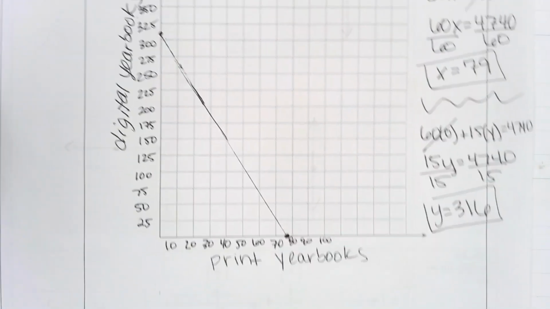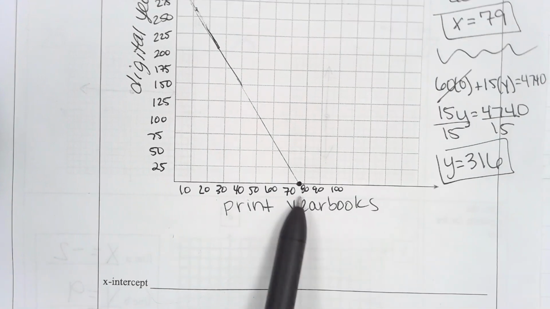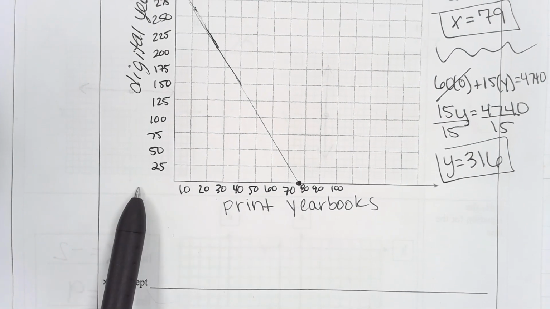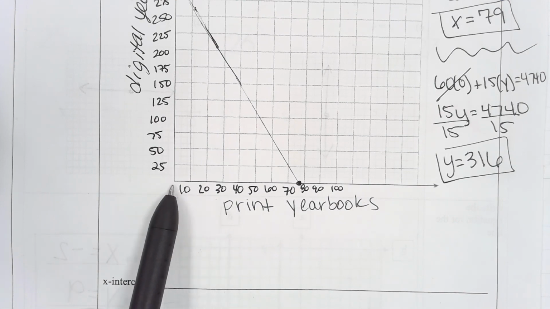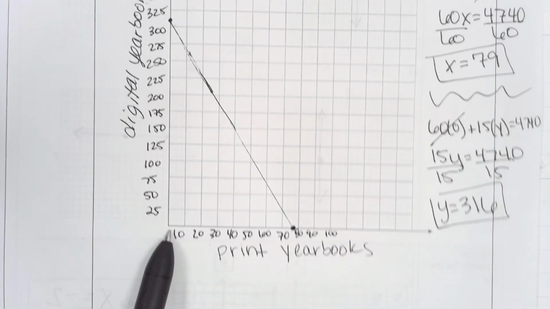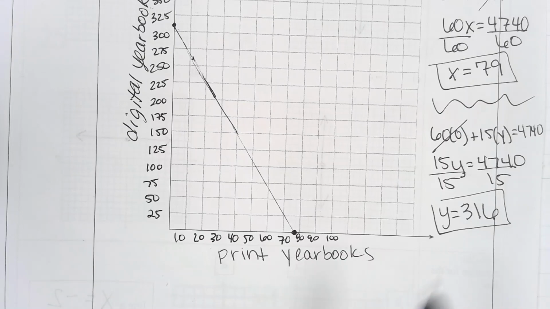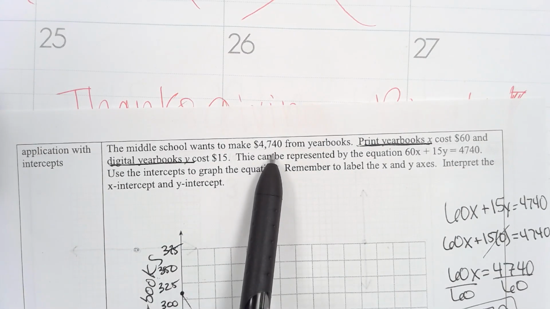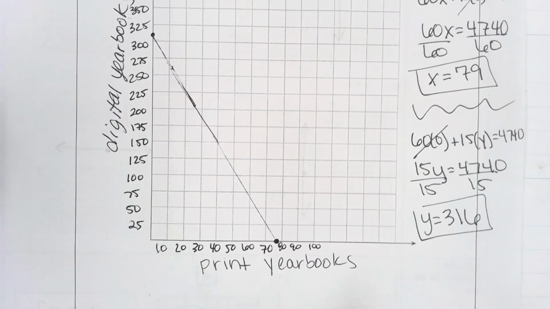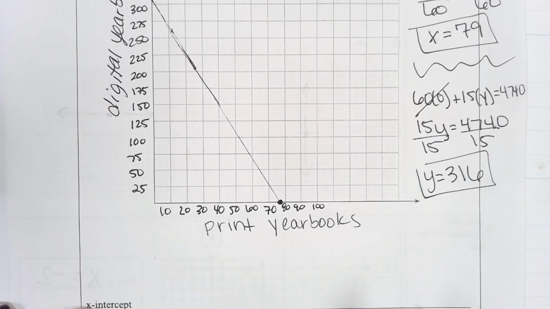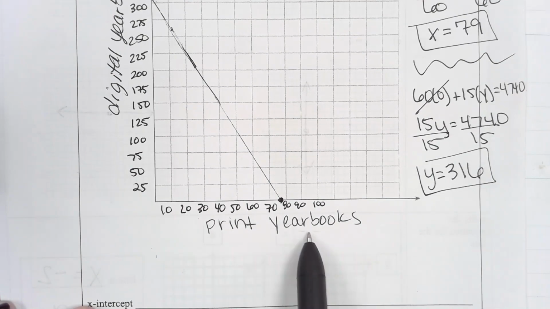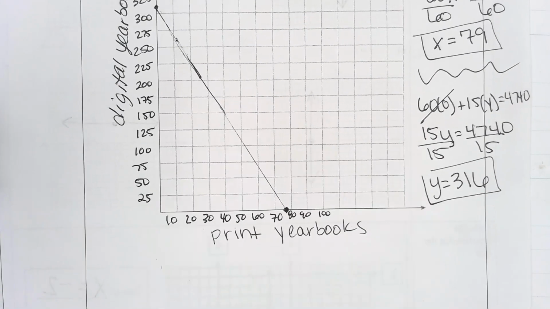So looking at our x-intercept, we got an answer of 79. So if we had 79 print yearbooks, this means that we will have no digital yearbooks. So if they don't want to print any digital yearbooks, they would still have to print at least 79 print yearbooks to be able to get their goal that they want.